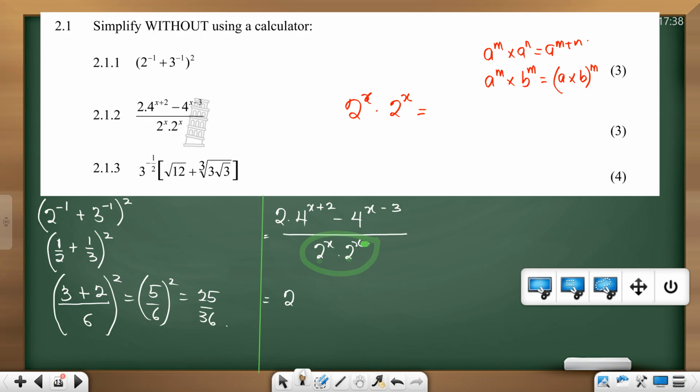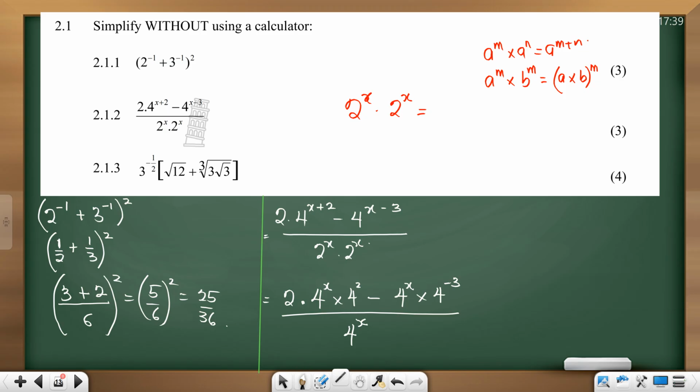Look at this. 2 multiplied by 4 to the power x times 4 to the power 2, minus 4 to the power x times 4 to the power negative 3, over, multiply the bases, 2 times 2, 4, because they have the same exponents. Does that make sense? Now, if I check this, I notice something across the board. 4 to the power x seems to be common. So I'm going to factorize that.